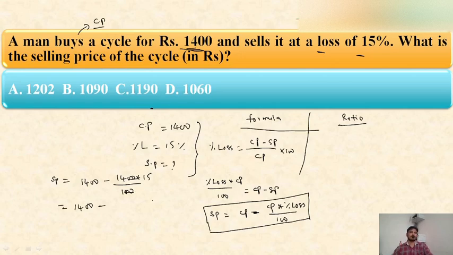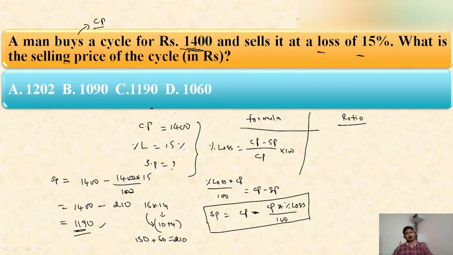So 14 I can write as 10 plus 4. 15 into 10 is 150, and 15 into 4 is 60, which gives 210. So 1400 minus 210 equals 1190. So the selling price of the bicycle will be 1190.